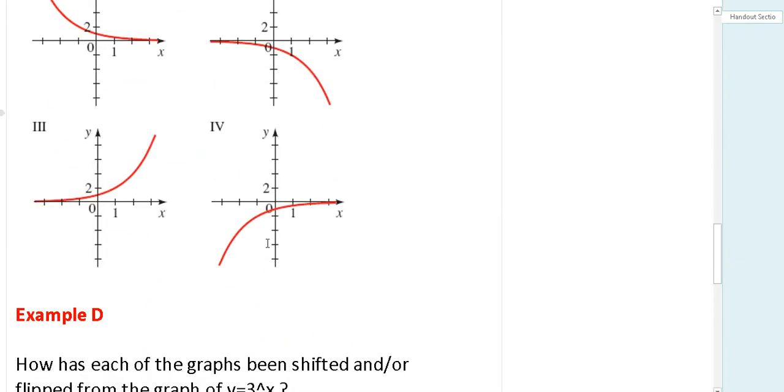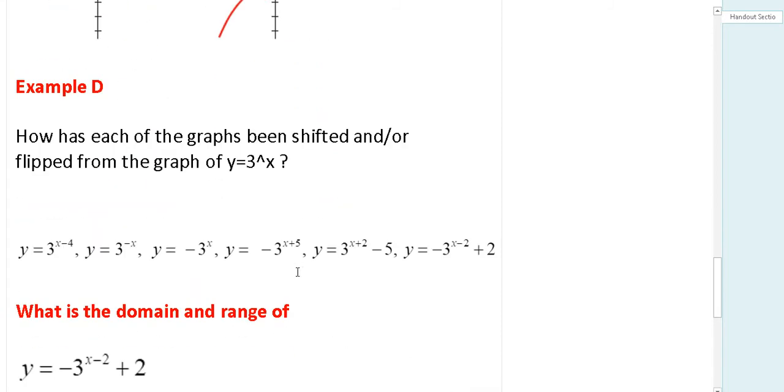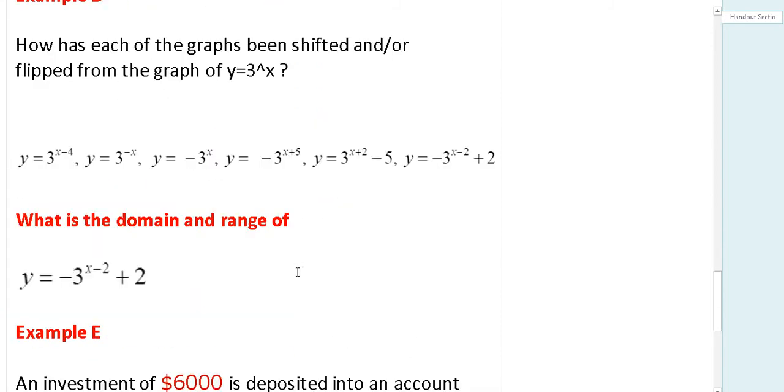You reflect it first around the y-axis, so that gave us the first graph. And then when I reflect this around the x-axis, I get the fourth graph. Yay. So we're going to play that game again and try to get used to some more shifting.